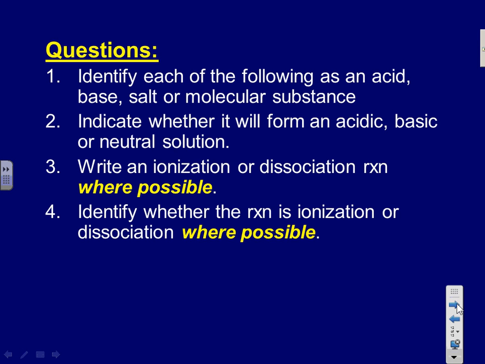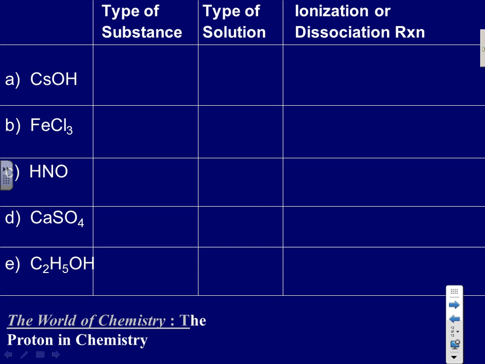Okay, now don't write this down. I've got a big example for some practice because there is a sheet, and just write down that, but don't write down the grid. Just write down the type of substance, type of solution, ionization or dissociation reaction.